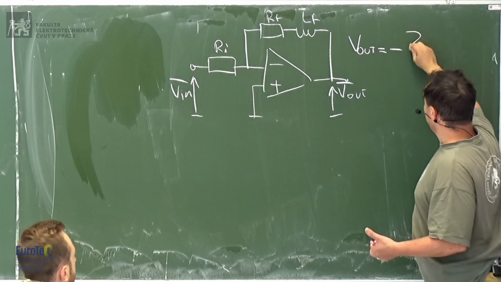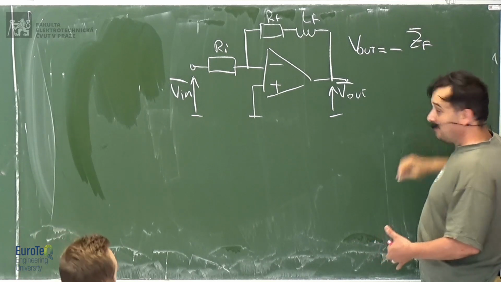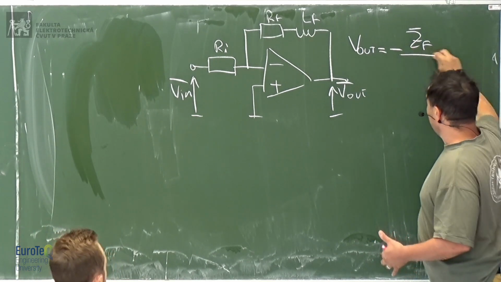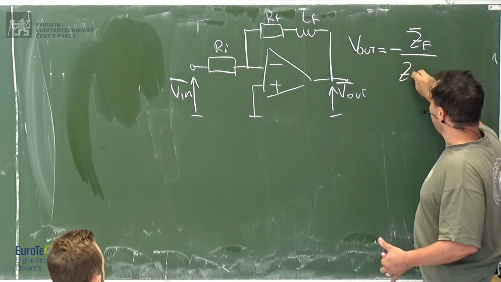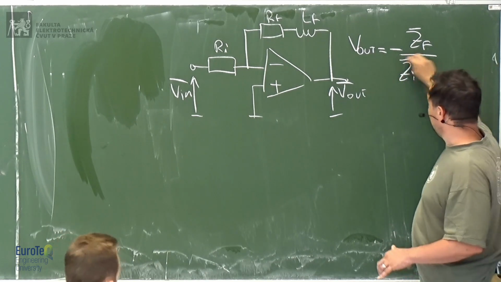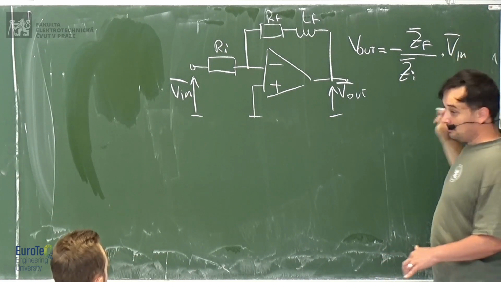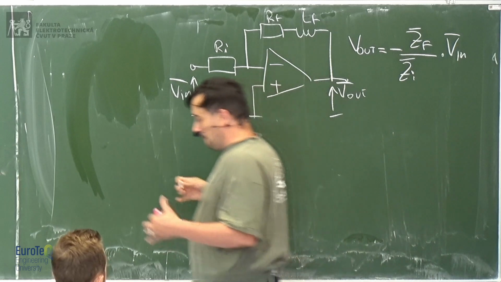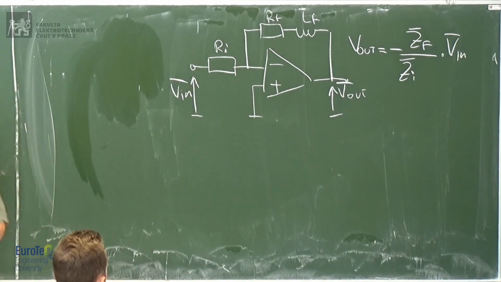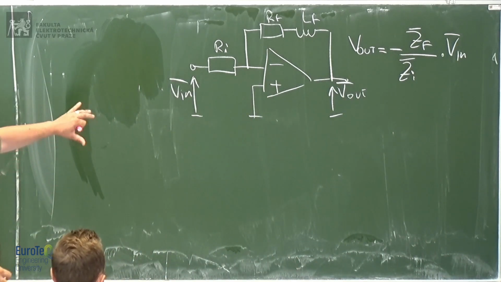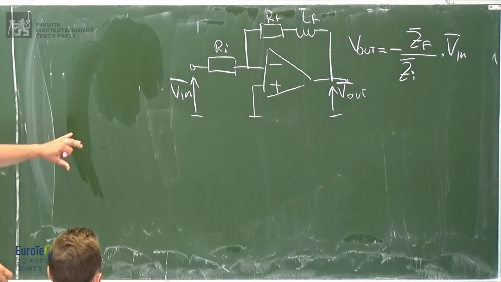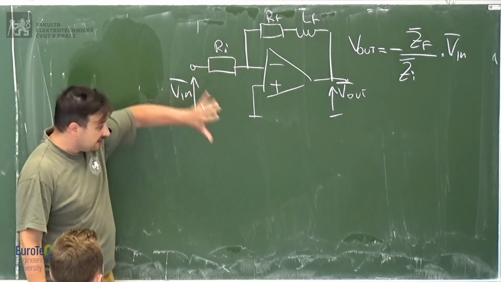You have the impedance on the feedback over the impedance on the input, Zi, times V in. V in is also a phasor, and the output is of course also a phasor. You do everything as you did before and simply apply the same rules.